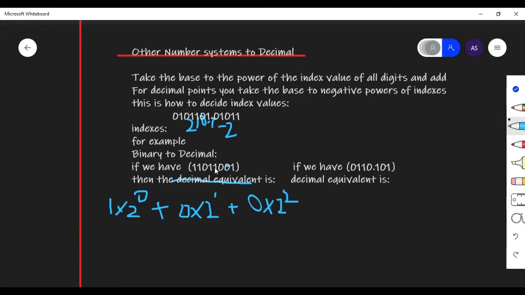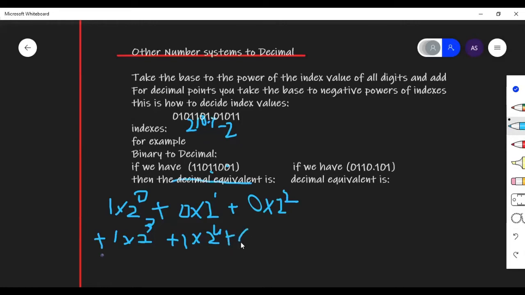Now we've reached index 3, which has a value of 1. So plus 1 into 2 to the power 3, plus 1 into 2 to the power 4, because the fourth index also has 1, plus 0 into 2 to the power 5.